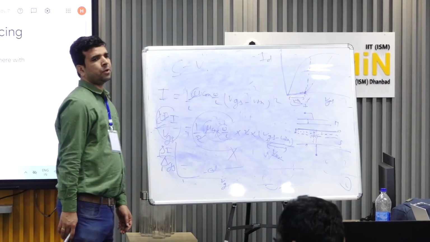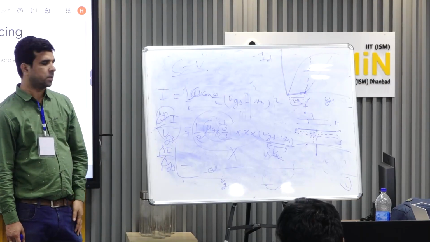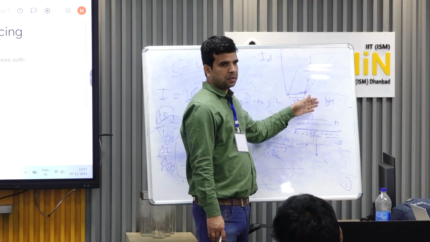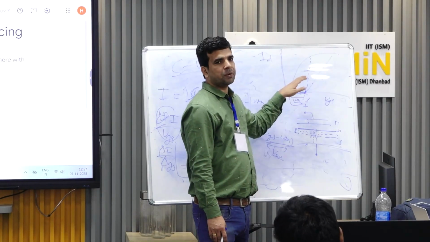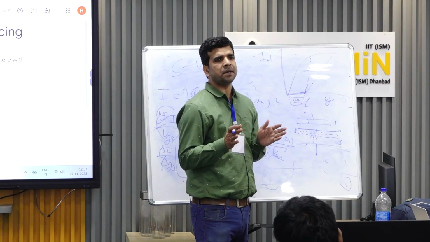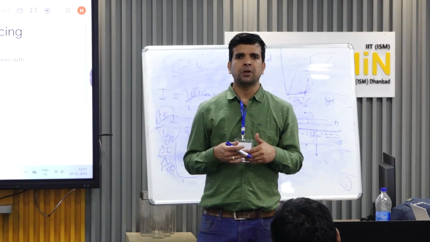Understood? And if you have mobility, you can calculate gm and other things also. So basically from the standard IV characteristics, you can find the threshold voltage, mobility, and contact resistance. You can find all of these by characterizing the device and knowing how to extract the different parameters.